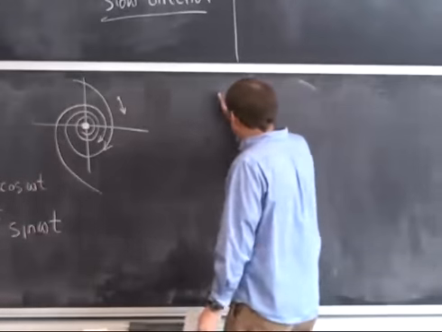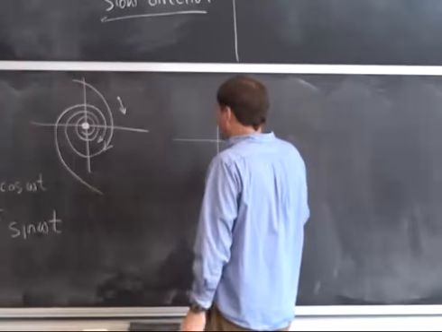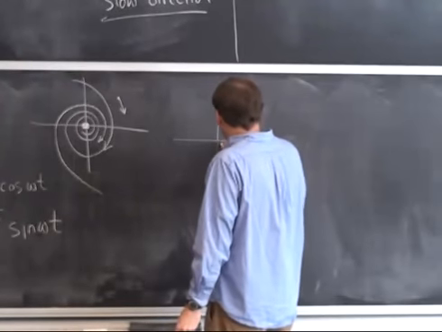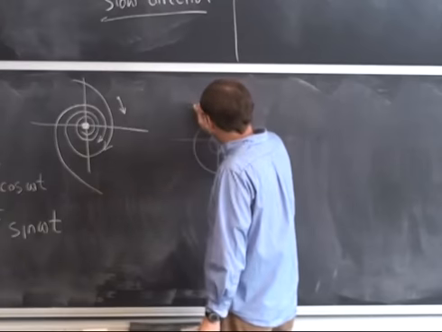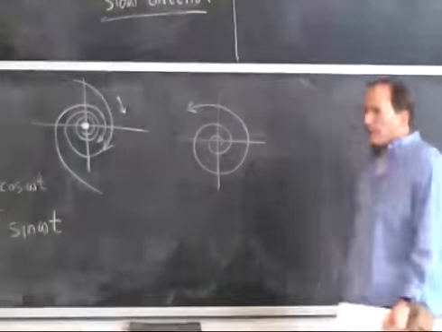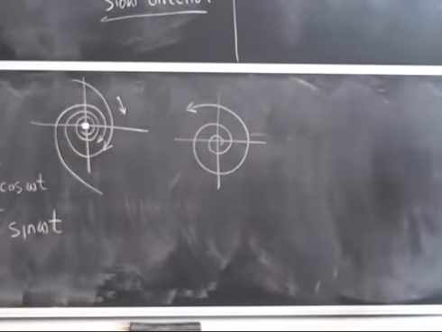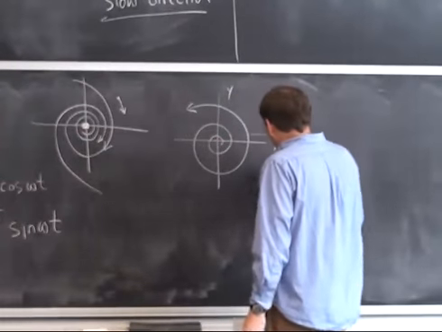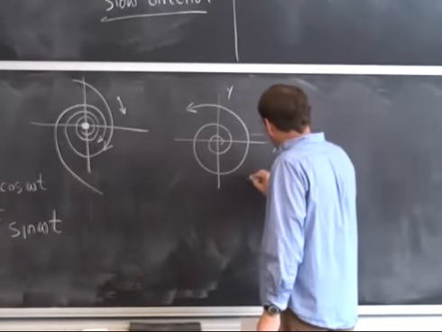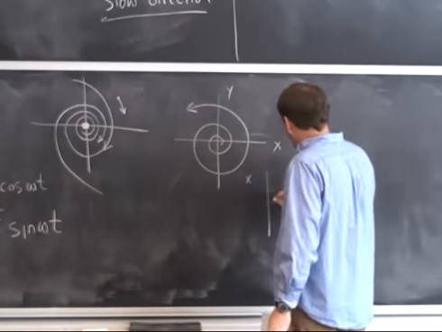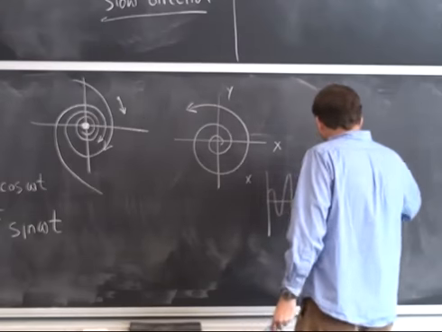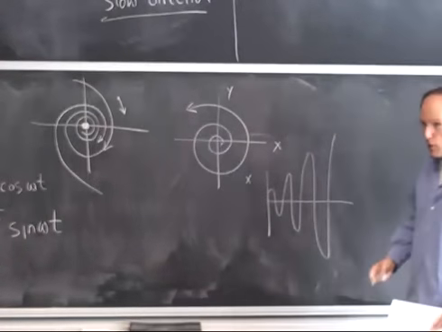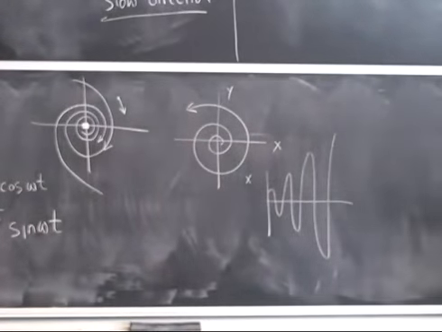So an unstable spiral will be something that qualitatively looks like this. And if you wanted to translate that into a time series, you can think of this as x, this as y. If you were to graph x versus t, an unstable spiral will have a time series that looks like that. It's a growing oscillation.